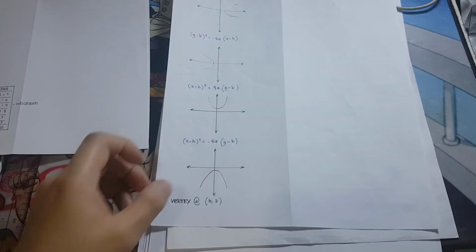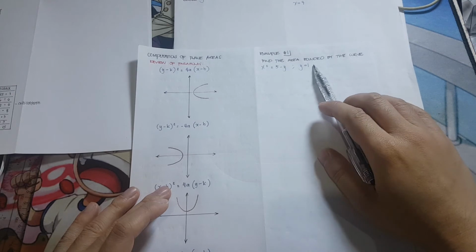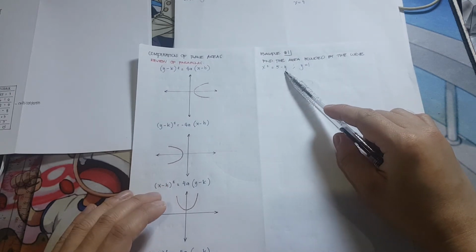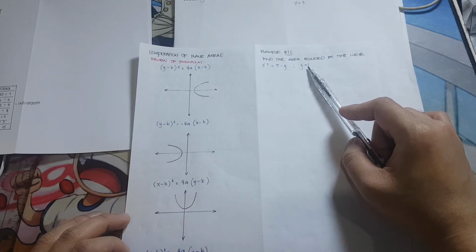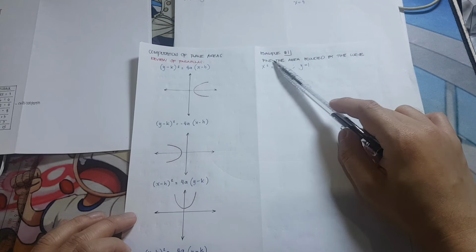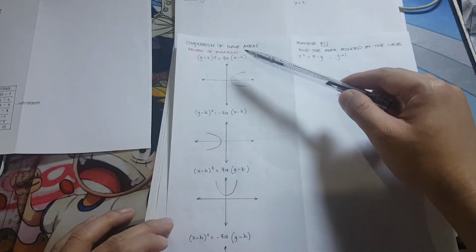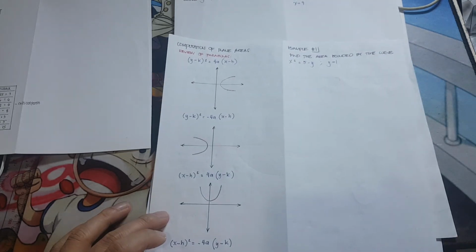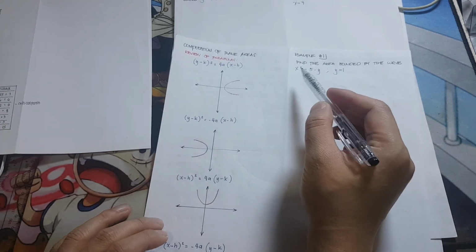Okay? So we have here example number 1. Find the area bounded by the curve x squared is equivalent to 5 minus y, and y is equivalent to 1. We need to make sure that this equation looks like any of these four, because we're quite sure that this curve is a parabola.